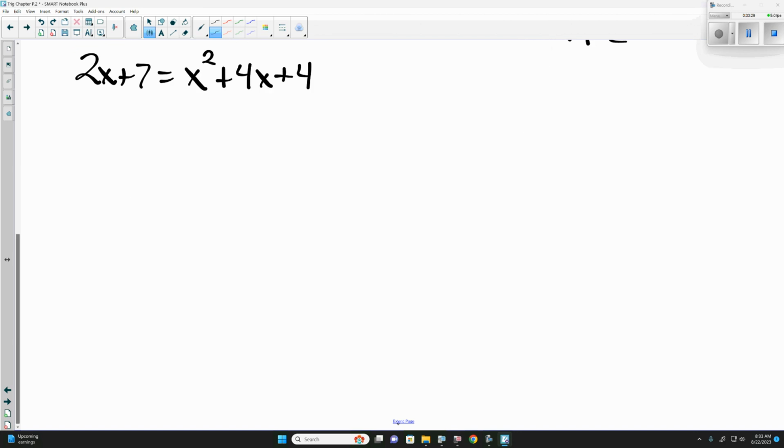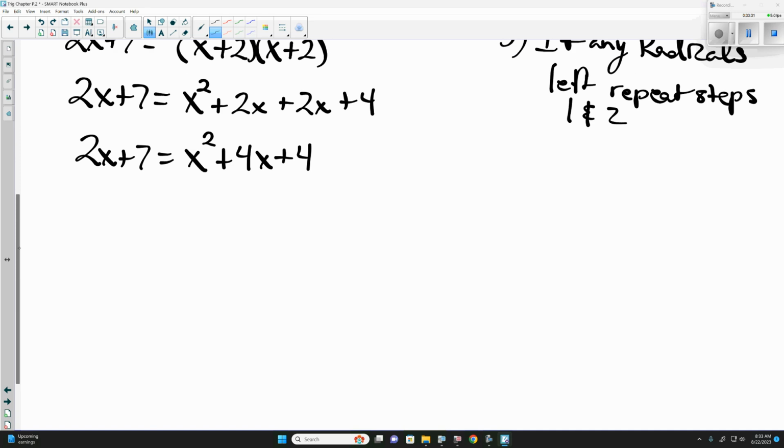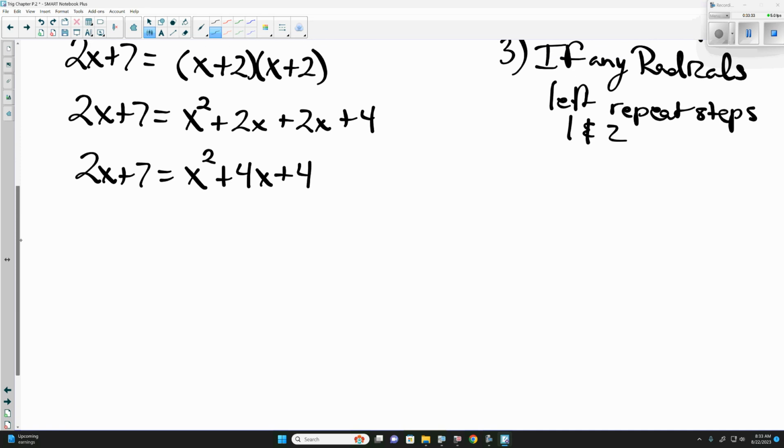The most that we'll do in here will mainly be doing it once or twice, because after that point, we should have them all gone, and then we can move on to step 4, which is solve and check. Because with radicals and rational equations, there are chances that we will have extraneous solutions.